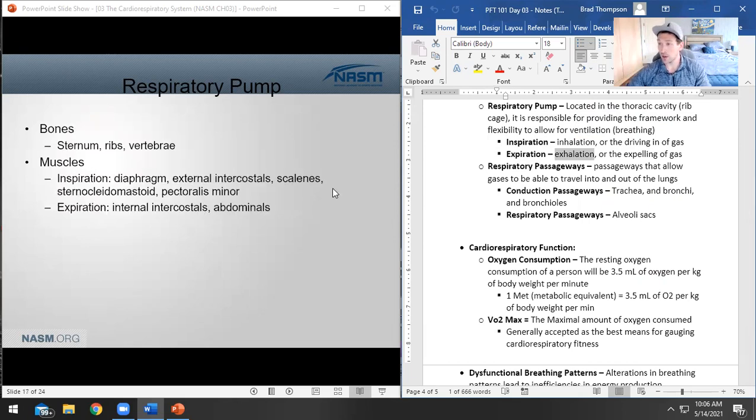And so there's some bones here, but there's also a lot of muscles that are really doing this. The bones that are going to passively allow this to happen pretty easily are your sternum, that is your breastbone, your rib cage, and parts of your vertebrae, right?